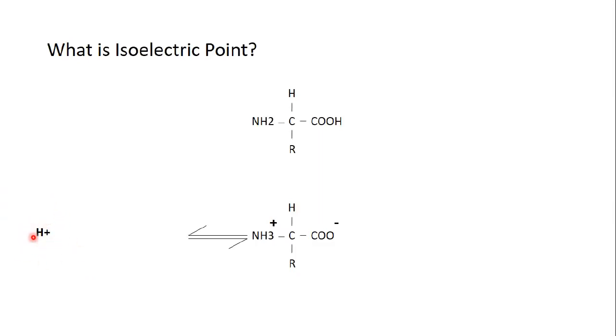Hydrogen ions are protons. And in this case, when we have a lot of protons in the solution, both the carboxyl and the amino group will be protonated. But when the amino group is protonated, it will be holding a positive charge. But when the carboxyl group is protonated, it will be deionized. And in this case, the amino acid will hold a positive charge.